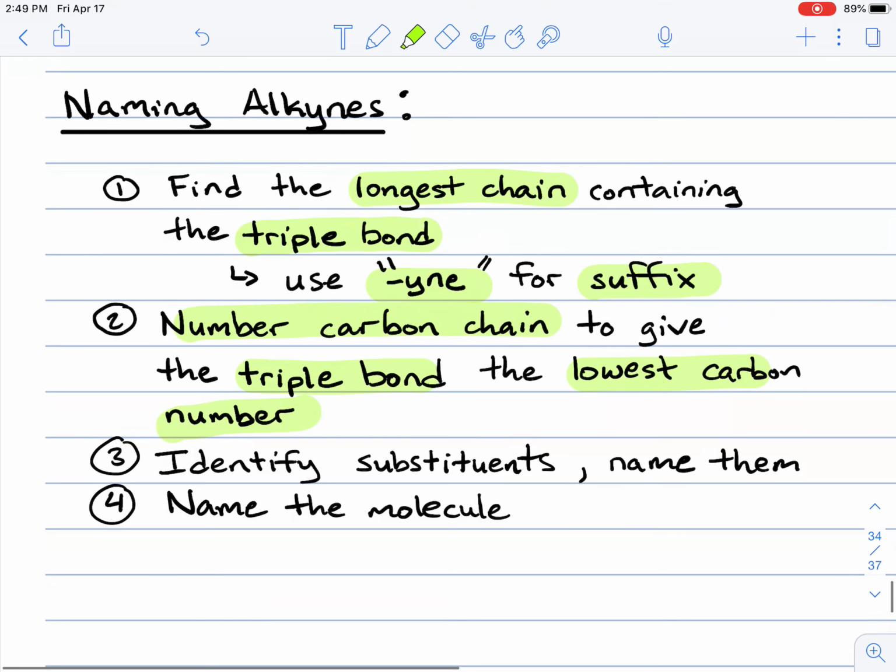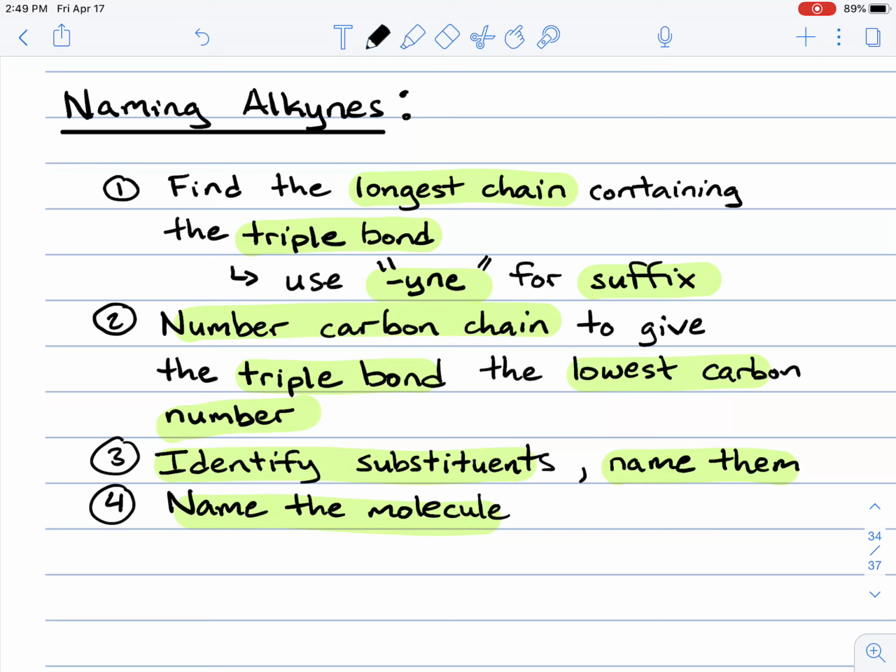All right, so after you have determined your numbering system such that the triple bond or double bond gets the lowest carbon number, then you're going to identify the substituents and name them by parts, just like what I've done in several lecture videos. And then after you name all the different parts, you're going to name the entire molecule together.